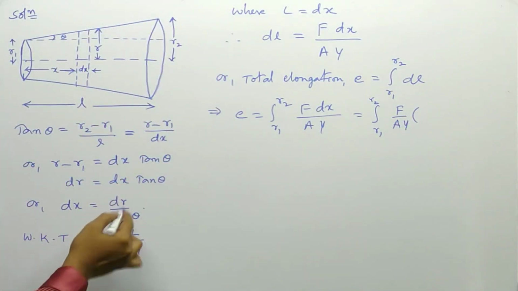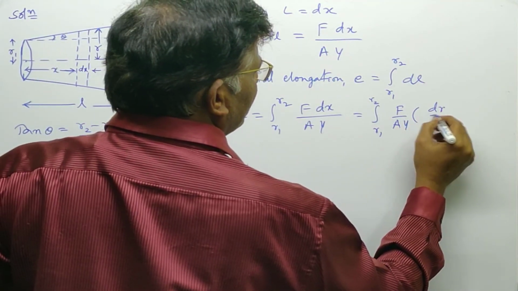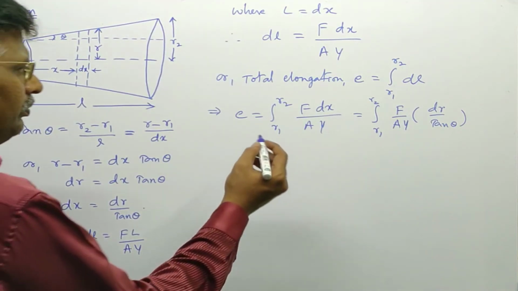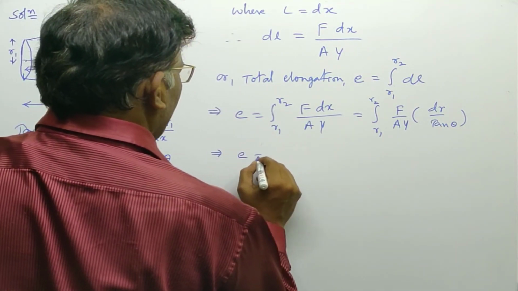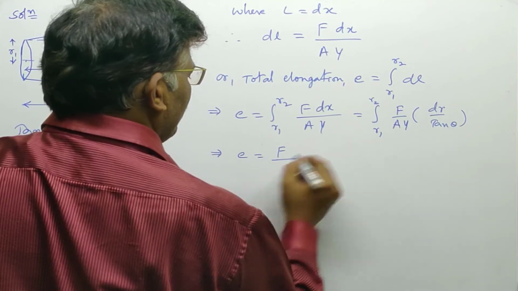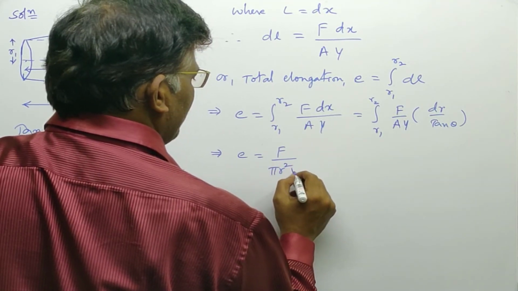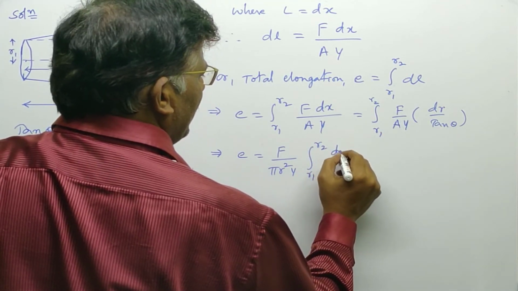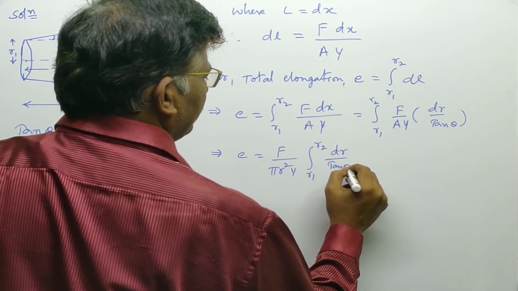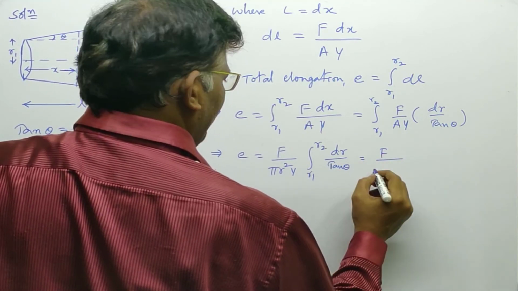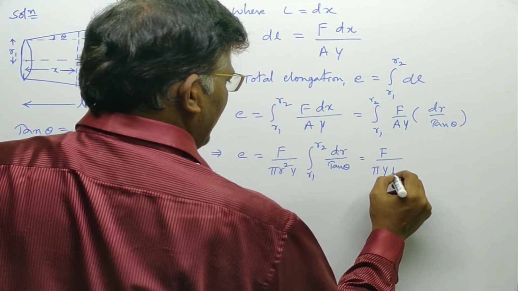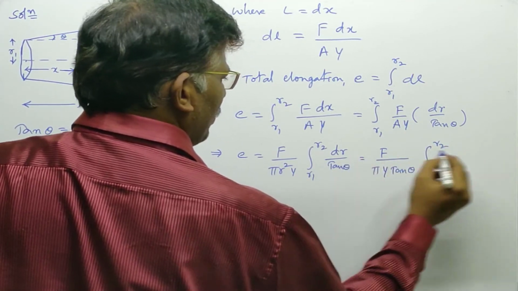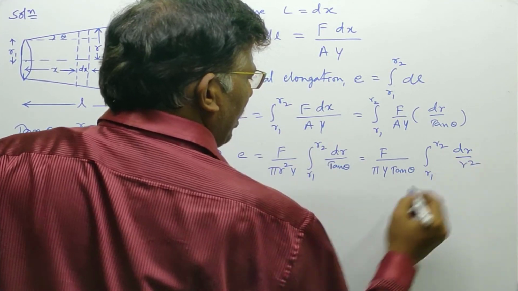So dx is equal to dr by tan theta. Then E is equal to F into A, generally you can write it as pi r square, Y constant, integral R1 to R2 of dr by tan theta, which is equal to F divided by pi Y tan theta, integral R1 to R2 of dr by r square.